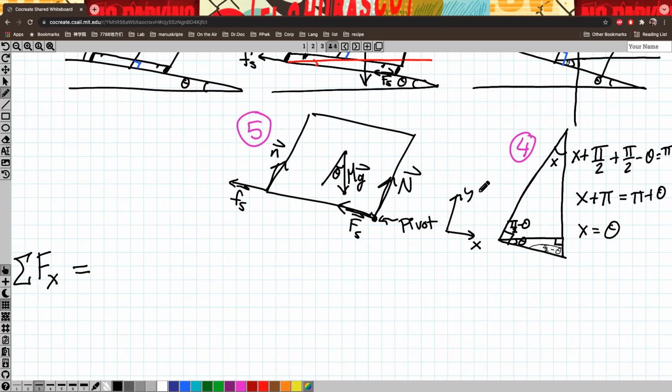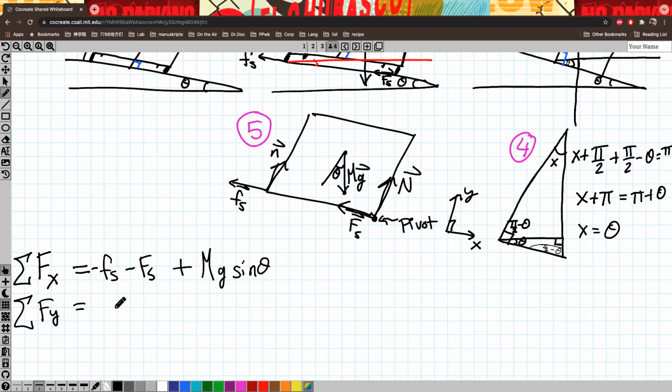Okay, in which case there would be both static friction forces as well as a gravitational force in the x direction. Actually, these are negative f, right? Yeah, positive x is to the right. And the gravitational force is going to go in the positive x direction. And how much is it? It would be mg sine theta.